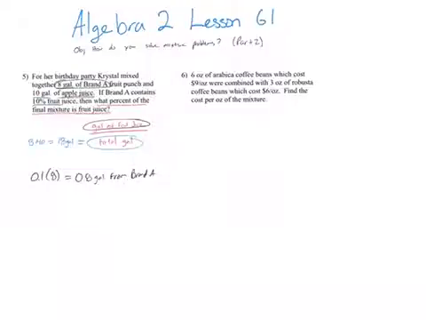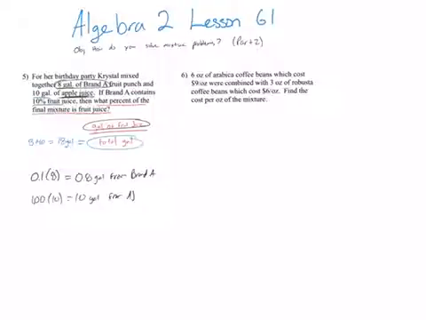And then what about that apple juice? It doesn't give us any percentage about that. But since it says apple juice, and apples are fruit, that means all of that is going to be fruit juice. So then I'd say 100%, which is just 1, times the 10 gallons, which just gives me 10 gallons from the apple juice.